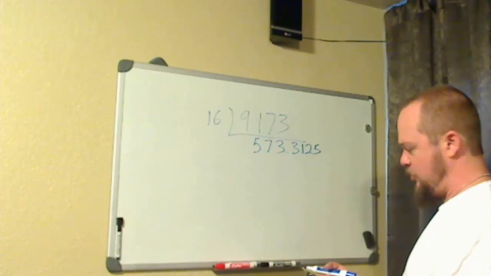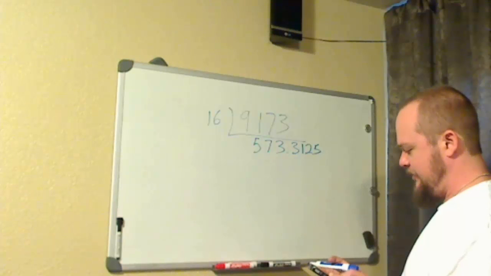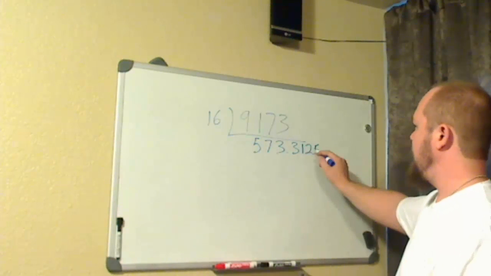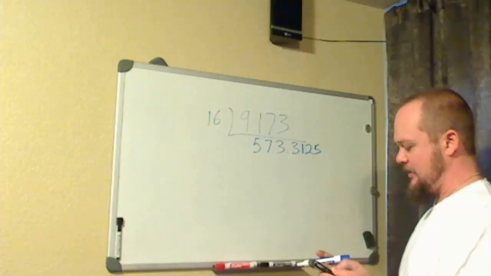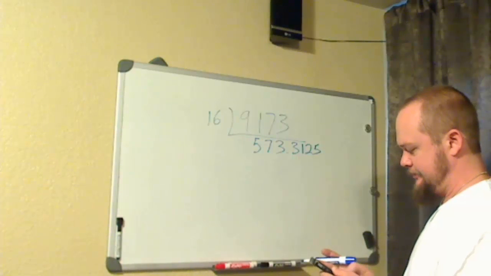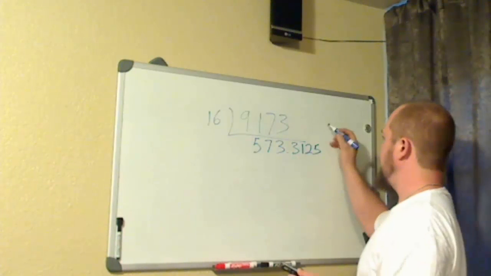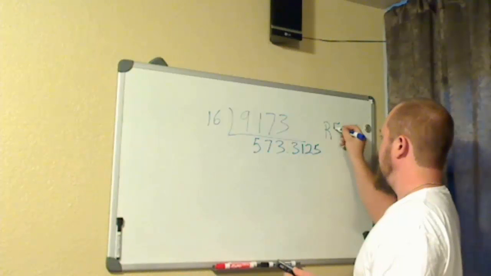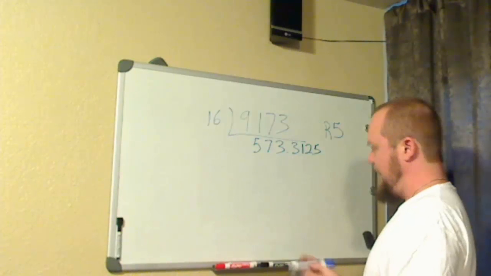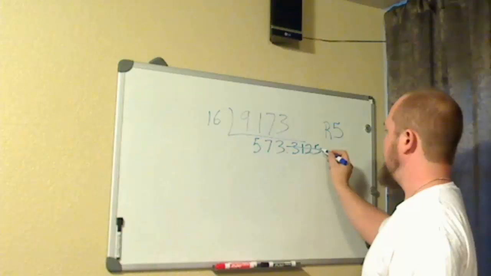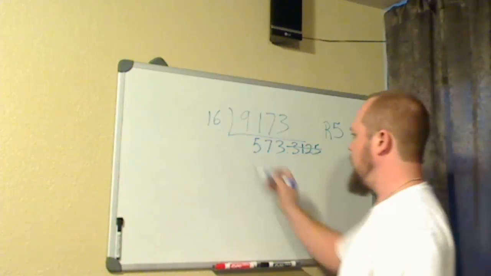So let's take 0.3125 and multiply it by 16. That will give us a remainder of 5. Now the decimal fraction is null and void. We don't want to use that anymore.